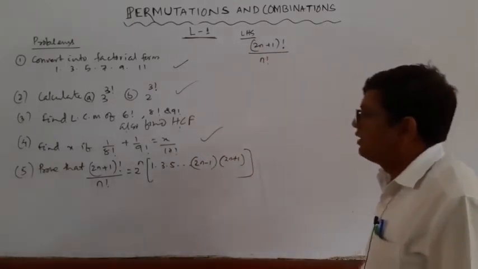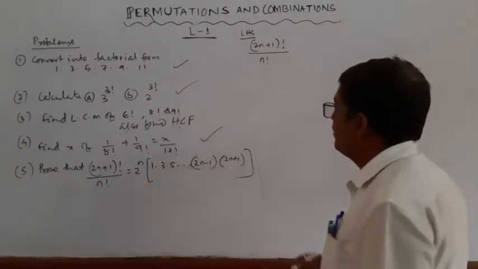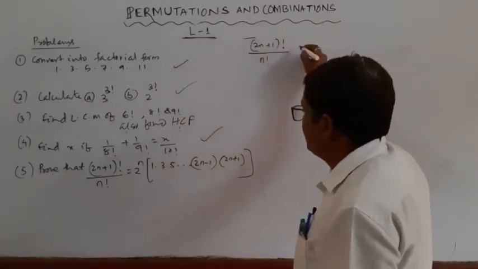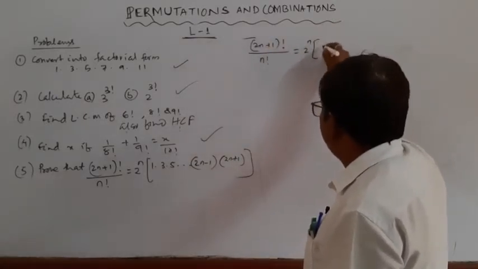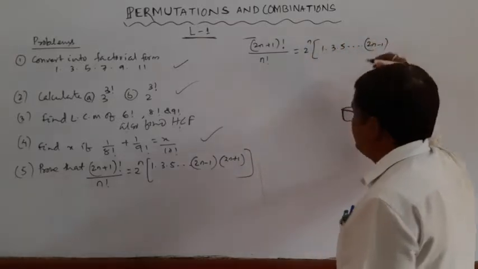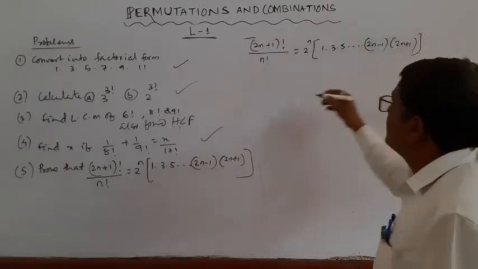We have to prove that this is equal to 2 to the power n into 1 3 5 dot dot 2n minus 1 into 2n plus 1. Now what is the right hand side?